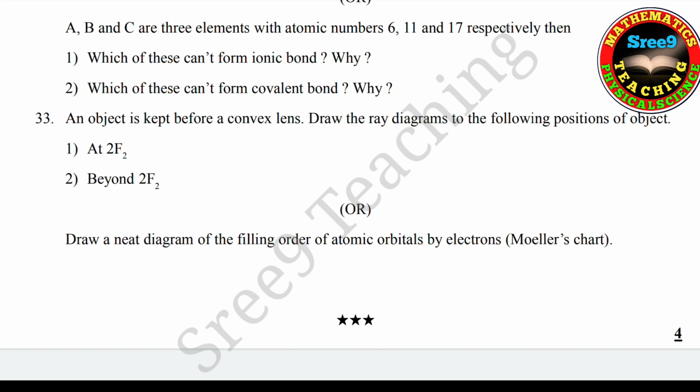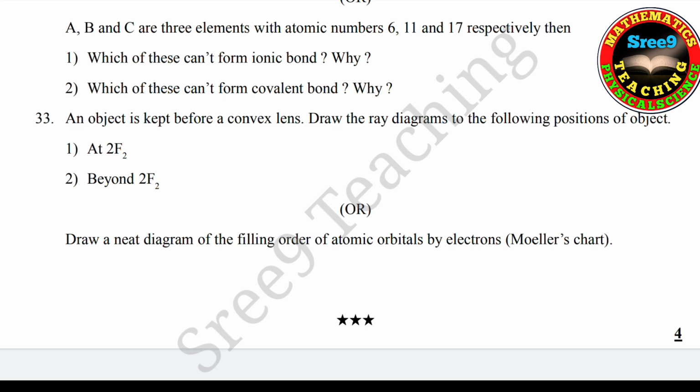And 2F2 means the focal length is doubled, the distance from the optic center to double the focal length, towards where? Yes, C. That is C2, the center of curvature. Means in the first case, the object is placed at the center of curvature on the left side.